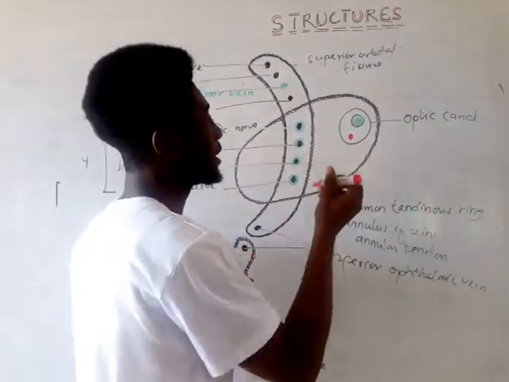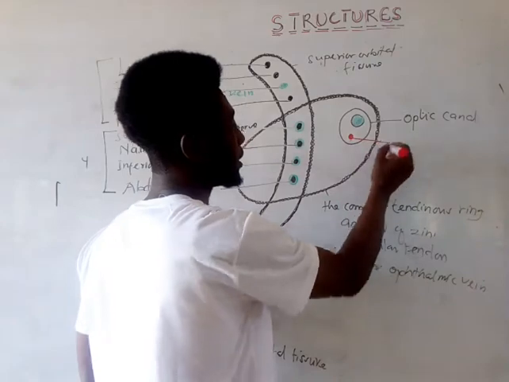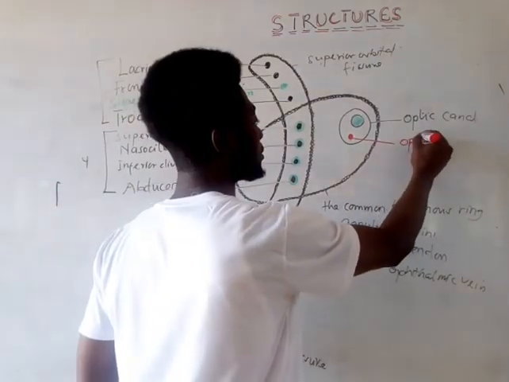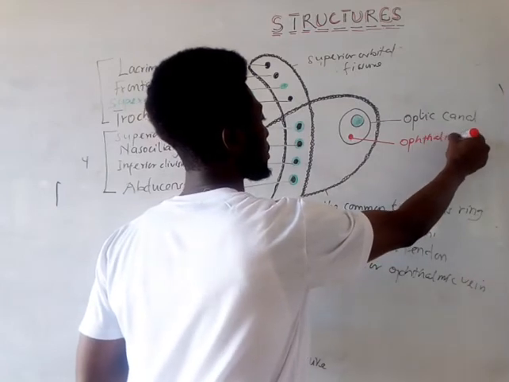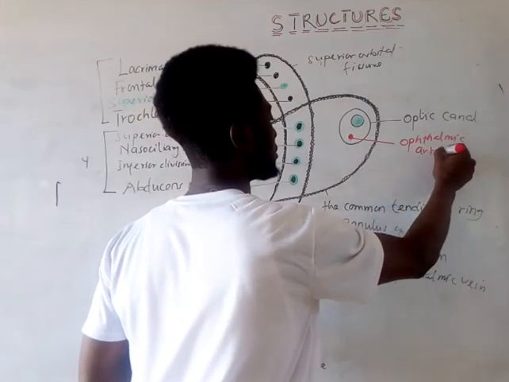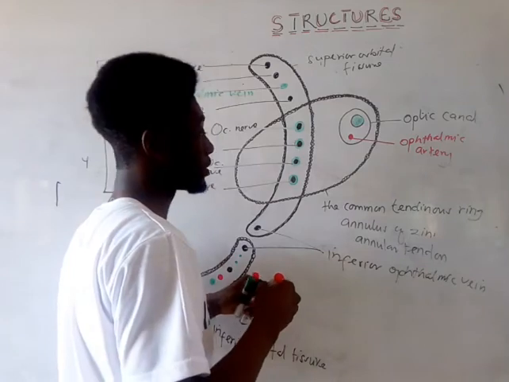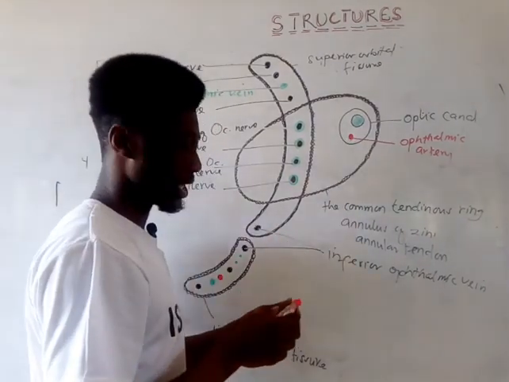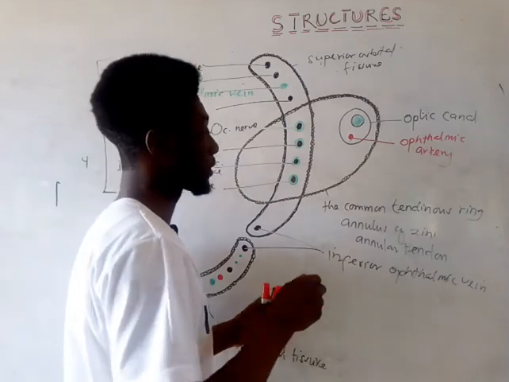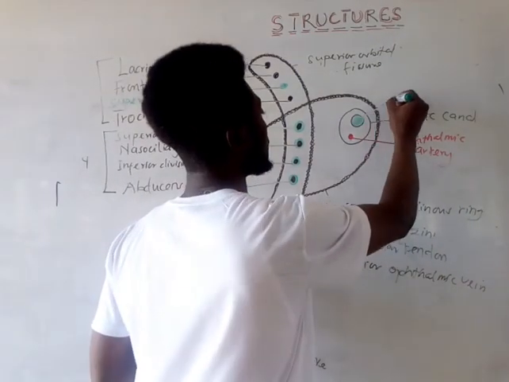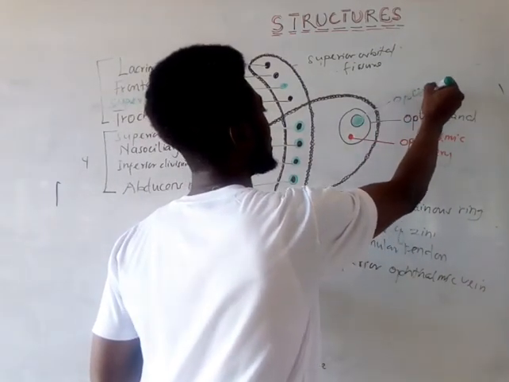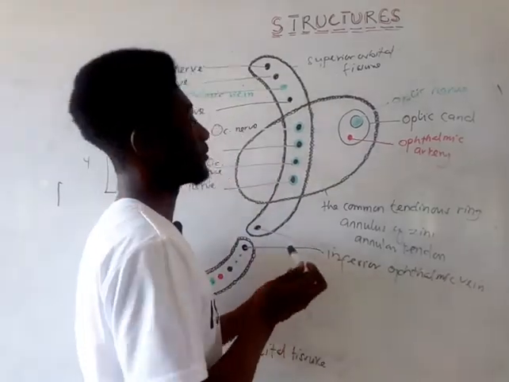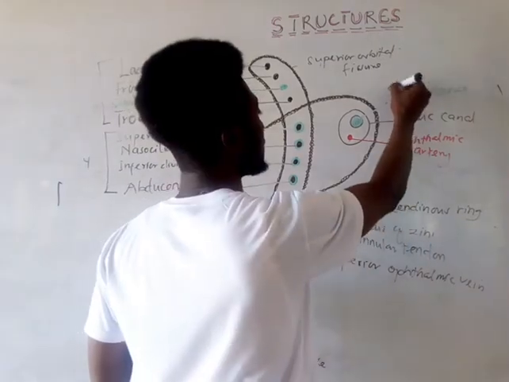Now this red thing you're seeing here is the ophthalmic artery. Good. Now this green structure you're seeing there is the optic nerve.